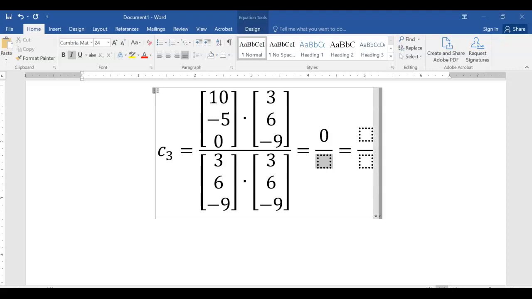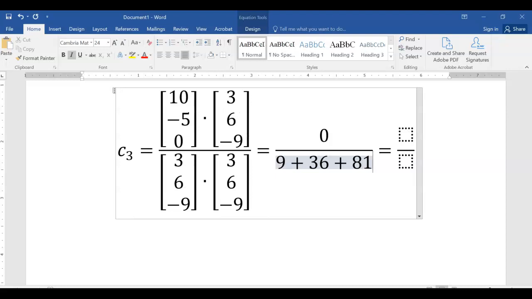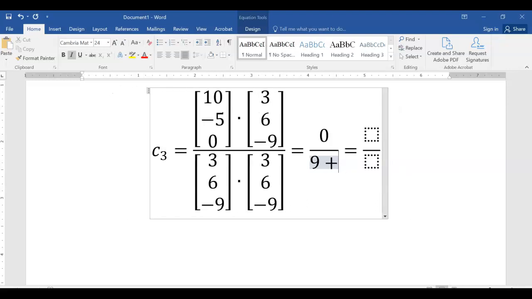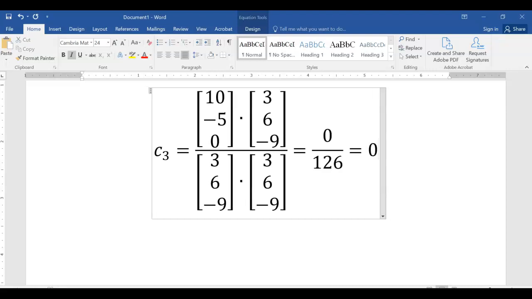And on the bottom, not that it matters, I get 9 plus 36 plus 81, which was 126. Which, by the way, just means that the coefficient of C3 is 0.